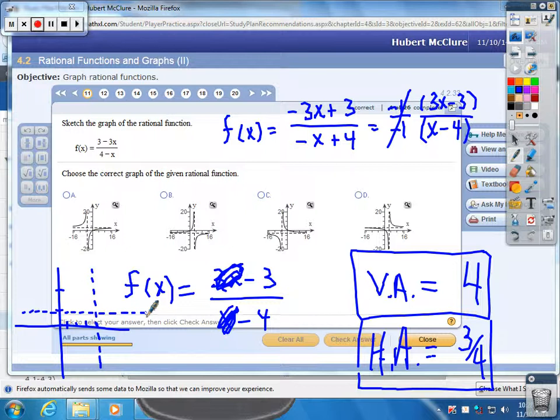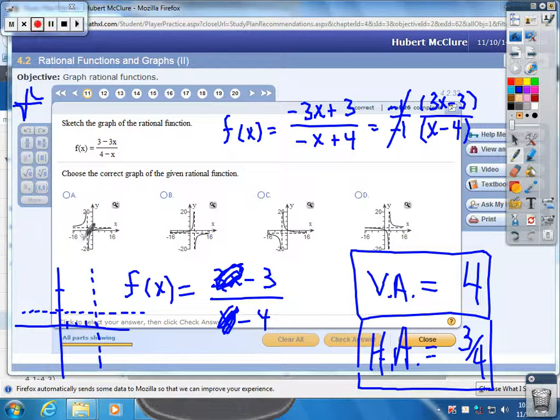So let's just draw the parent graph first. The parent graph looks like this because it's the opposite of the volcano. That's what it looks like. But the negative, well, let's just see where the vertical asymptote of 4 is.